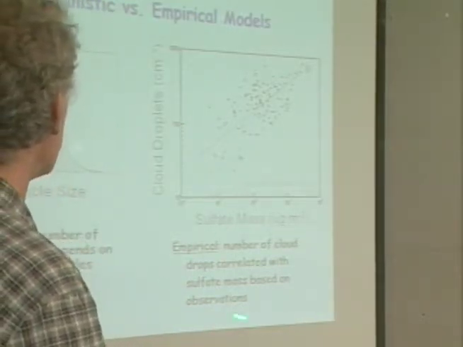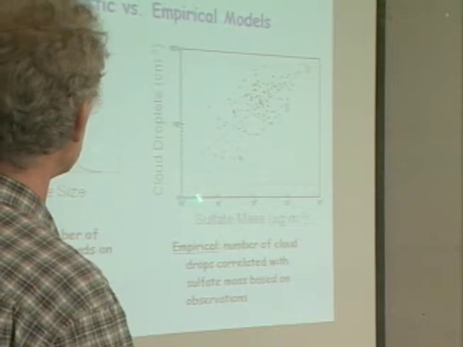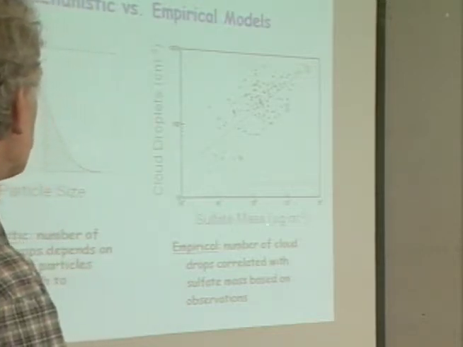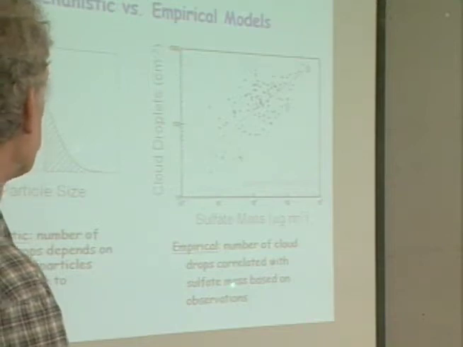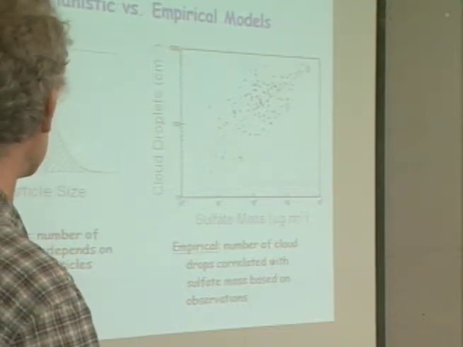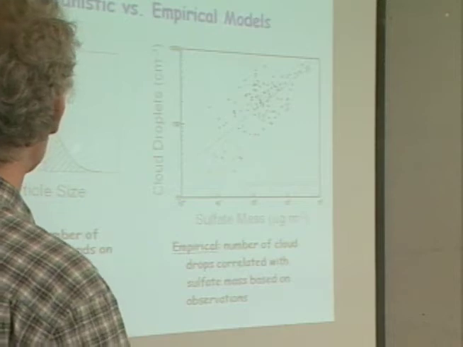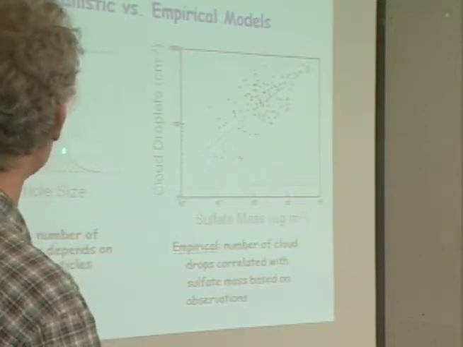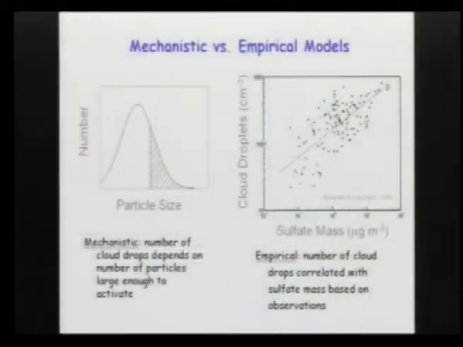One way of characterizing these estimates of the indirect effect, in this case the Albrecht effect, is an empirical representation, but there are also representations which attempt to map from a particular aerosol size distribution to a cloud drop number.